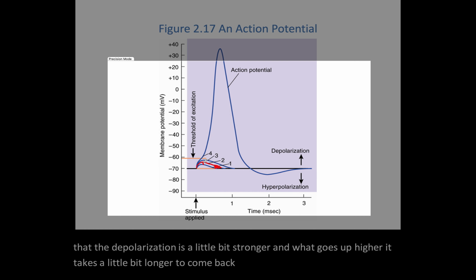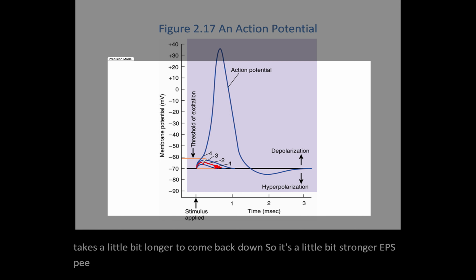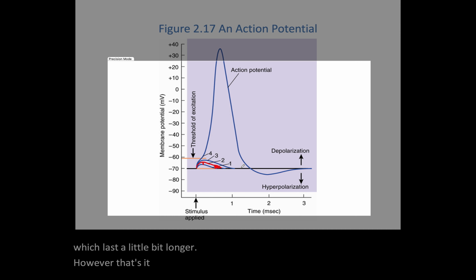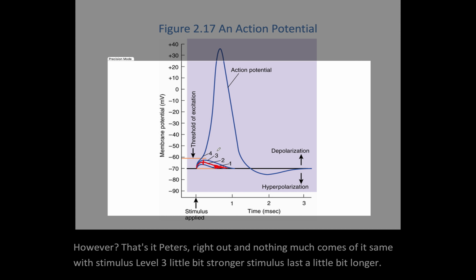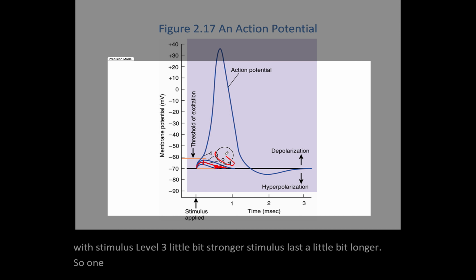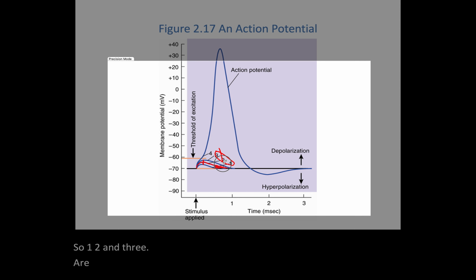So it's a little bit stronger EPSP, which lasts a little bit longer. However, that's it. It peters right out and nothing much comes of it. Same with stimulus level 3. A little bit stronger stimulus, lasts a little bit longer. So 1, 2, and 3 are all ignored.